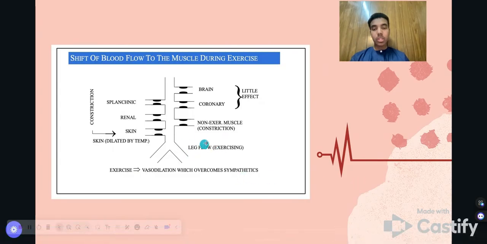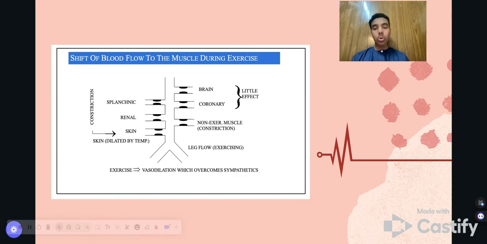Okay, so what happens when you're exercising? The example here basically shows us leg flow. Your legs are exercising, let's say you're running or something. What's going to happen? The vessels in your legs are going to vasodilate to let more oxygen reach the tissues in your legs.